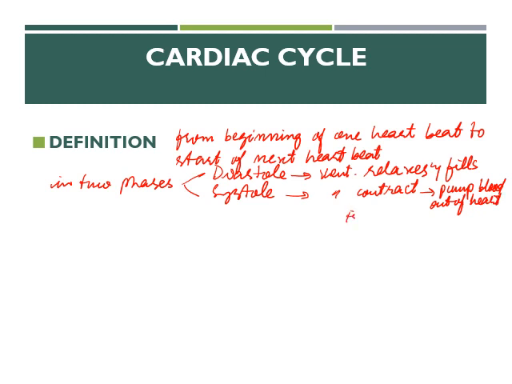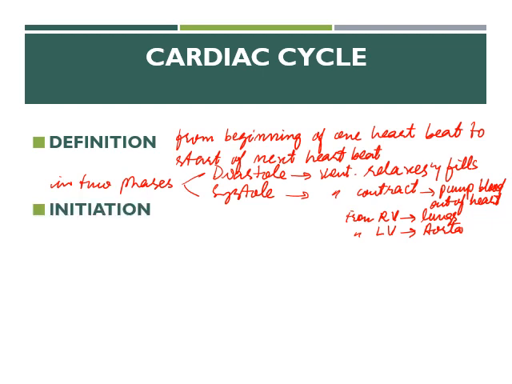From the right ventricle, blood is pumped into the lungs for oxygenation. From the left ventricle, blood is pumped into the aorta and systemic circulation.